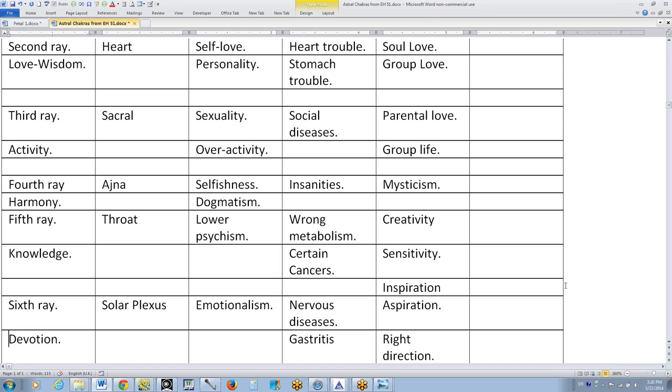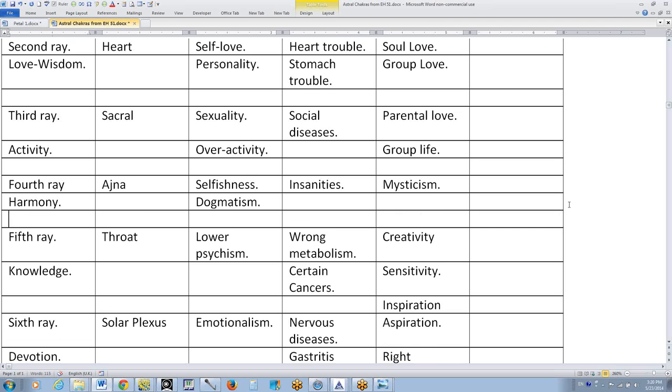The problems are various kinds of insanities, and the good aspect is mysticism. Then with the fifth ray, it is associated with the throat. This is different from the etheric association. And lower psychism is involved, which is unusual. Wrong metabolism and certain cancers, creativity and sensitivity.